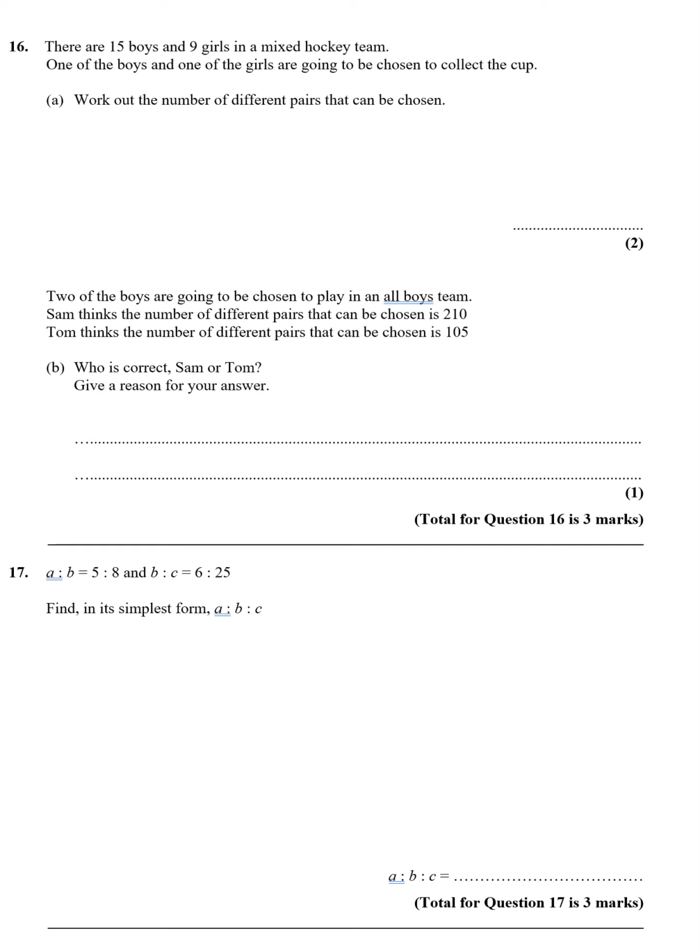So actually, we can do 15 boys times 9 gives us 135 combinations.